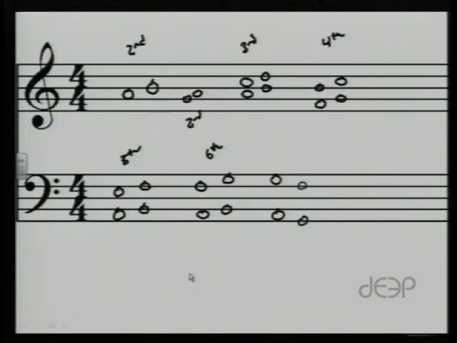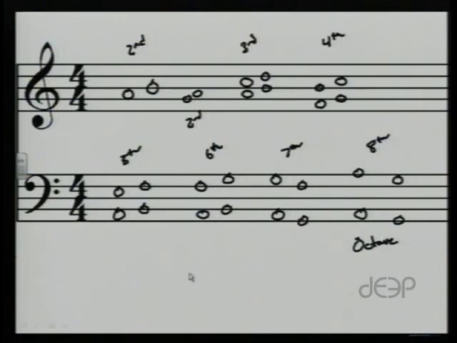This would be an interval of a seventh, and finally an octave from A to A, or from G to G. Any note to the next instance of that note, an eighth or an octave. This is the way that one can determine intervals.